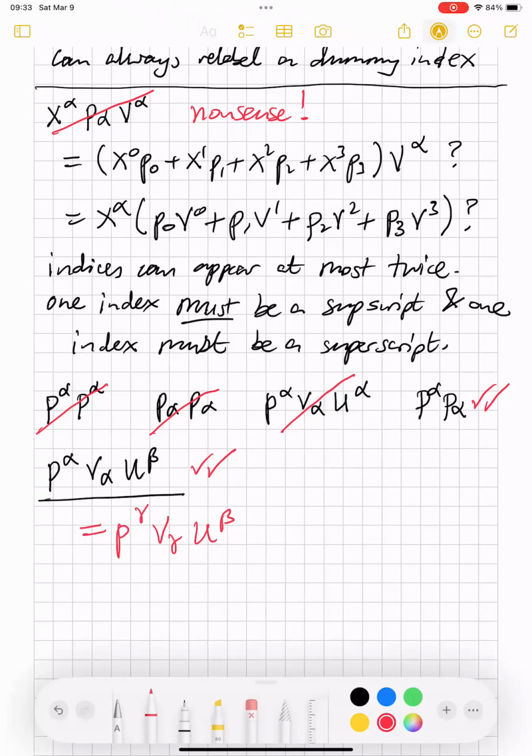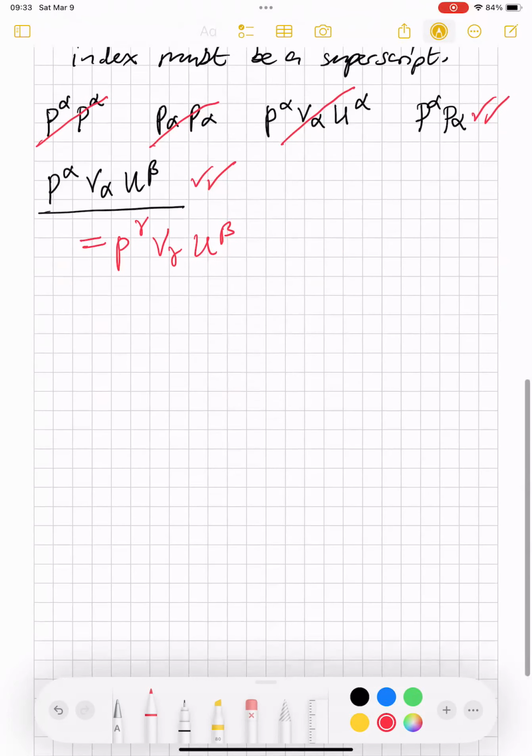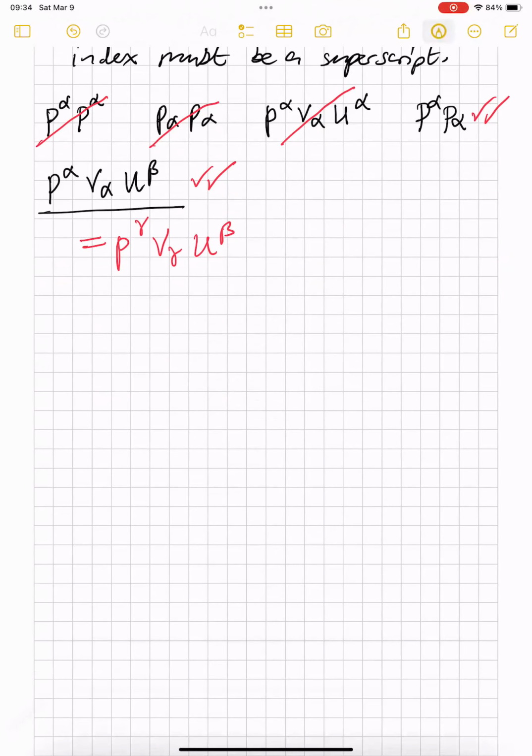You'll notice the free indices on both sides match, and the dummy indices, well, I just don't care what I call the dummy indices. So if I write down any tensor equation, the important thing is that the free indices match. So let's say P mu, and then let's have Q alpha plus M squared, I don't know, V mu is equal to naught.